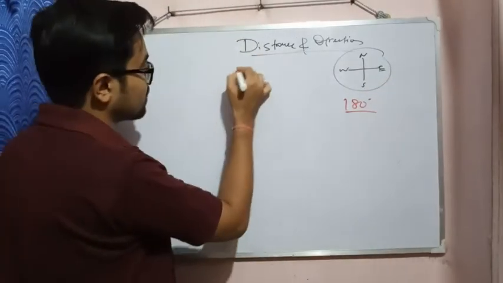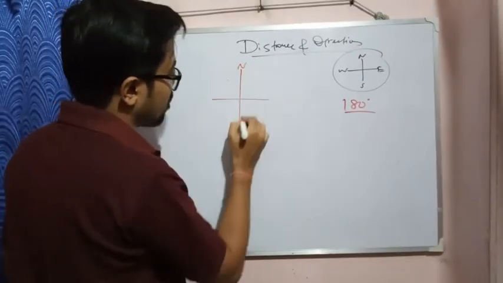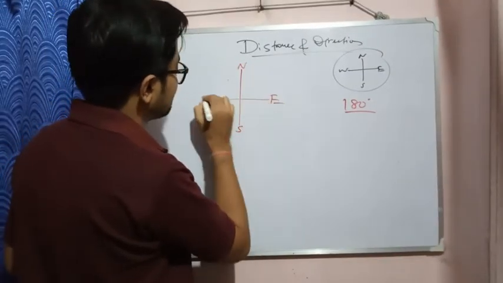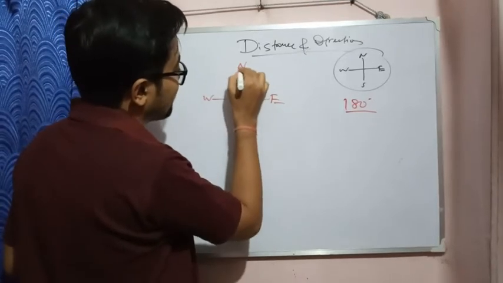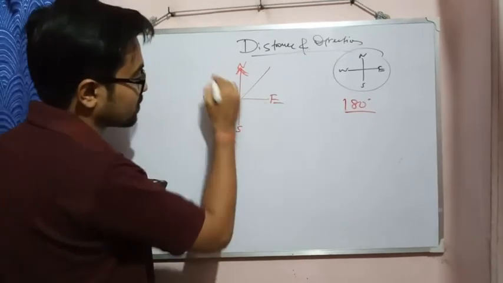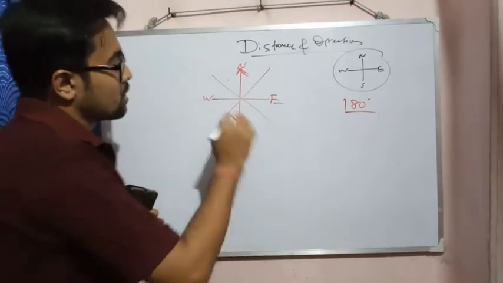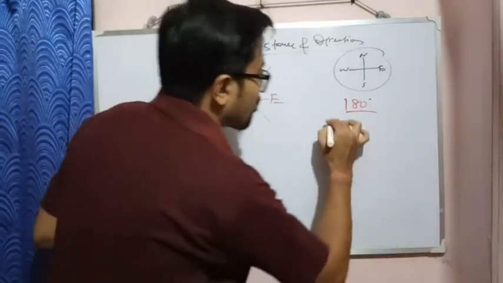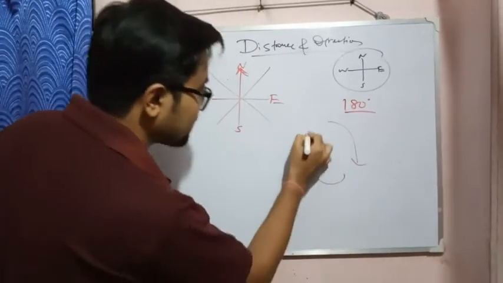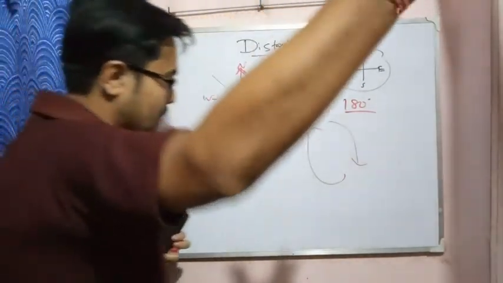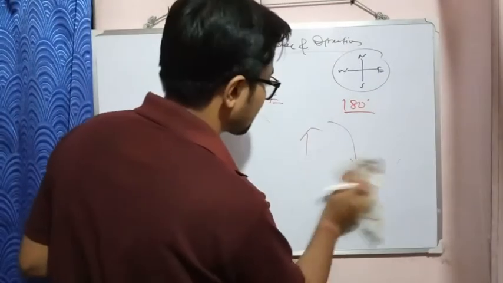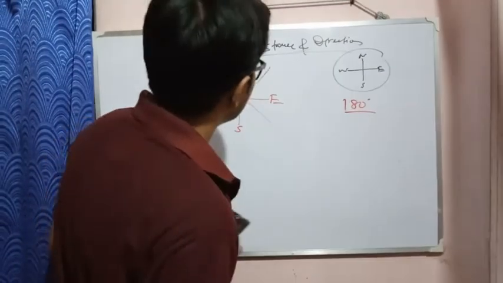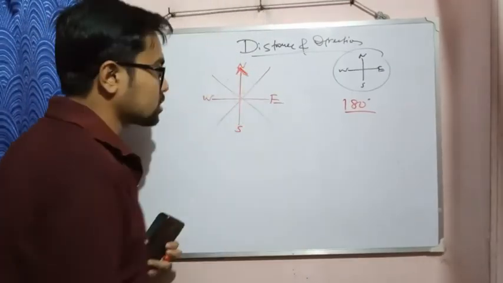That means this is the direction: north, south, east, west. The person is facing in north direction. Okay, 180 degree clockwise. Clockwise means this, anti-clockwise means this. Clear? বোঝা যাচ্ছে? চলো, a man is facing in north.